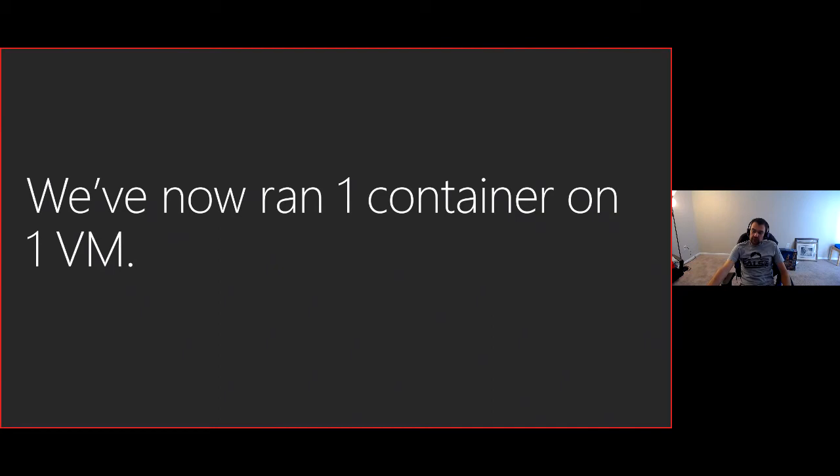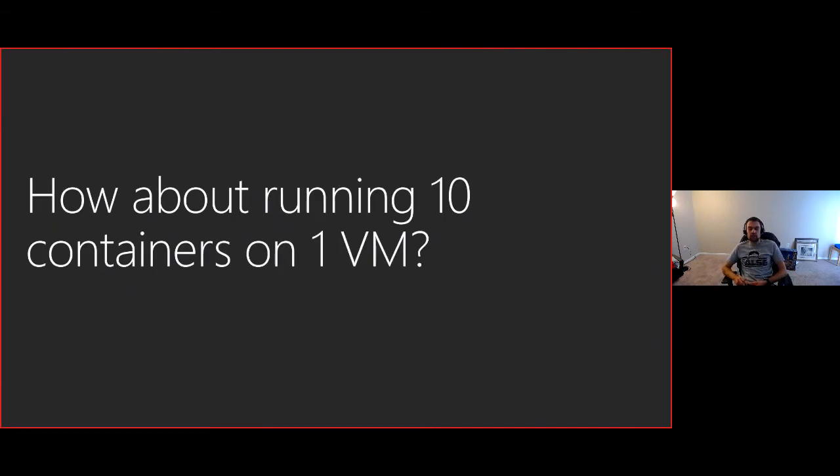And some difficulties start to come up when you start thinking about running, let's say, 10 containers on one machine. You could just do Docker run like we did 10 times, and we can then run 10 containers. That's certainly possible. But what about running 100 containers across 10 virtual machines? That's where things start to get a little bit more complicated.